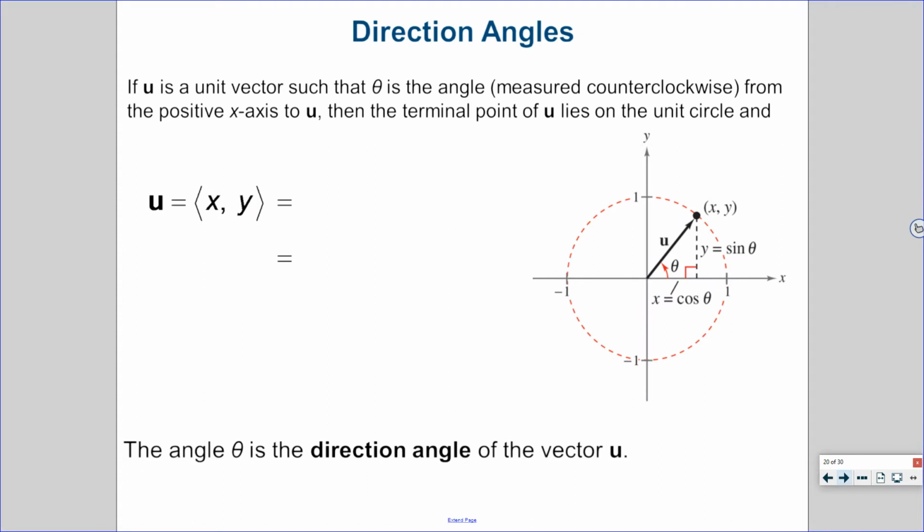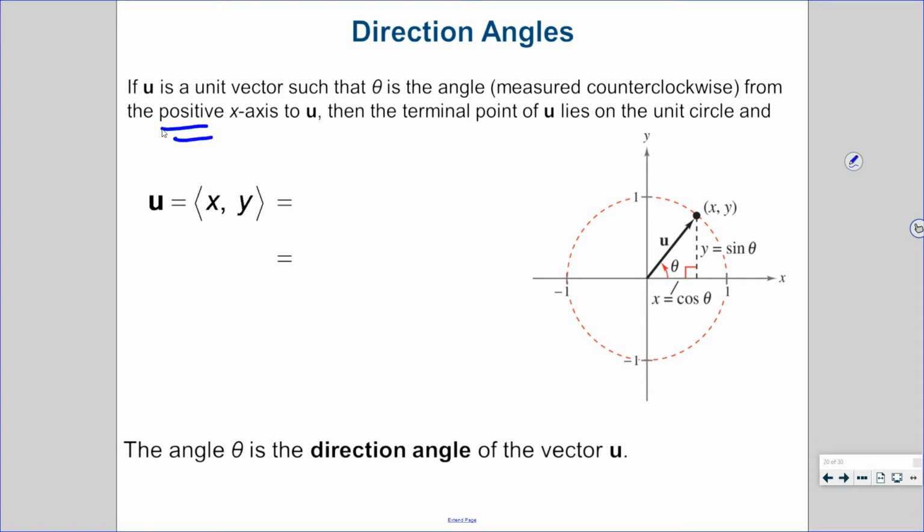With vectors, we talked about how vectors represent magnitude and direction. So another way we can describe their direction is by angles. Okay, so we have something called their direction angles, and similarly to when we did the unit circle, the direction angle is the angle that it makes with the positive part of the x-axis.